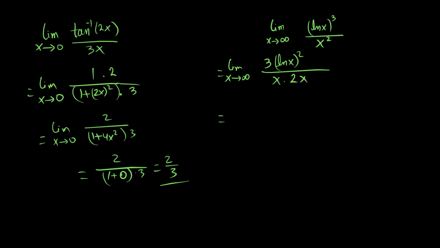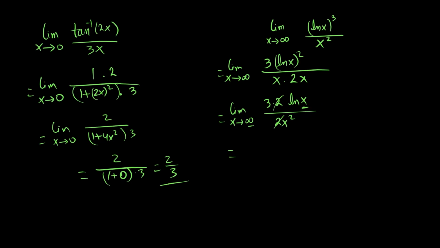Now we have limit x going to infinity. Using the rules of log, this 2 can come at the front, and you have 3 times 2 ln x over 2x square. 2 and 2 can be cancelled. ln x, and x is infinity, so the top is still infinity, the bottom is still infinity.